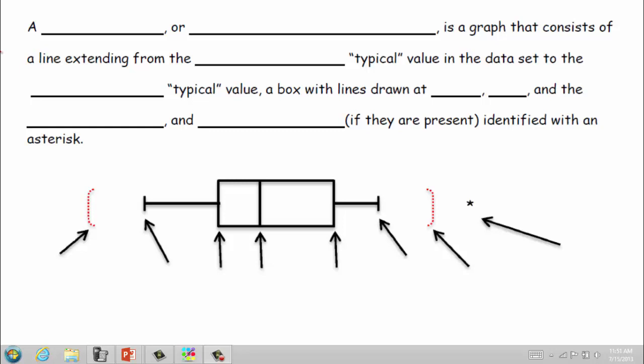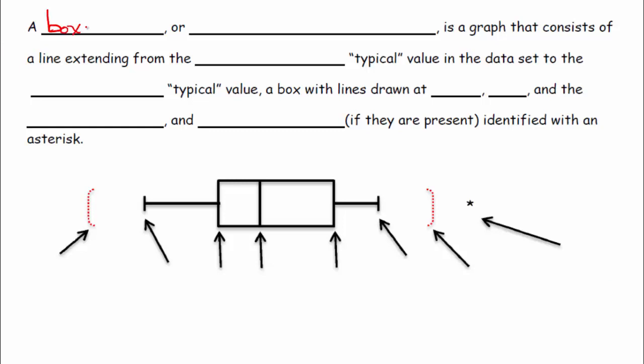So I'm picking up on page 13, and a box plot, which you will also see referred to as a box and whisker diagram. Alright, so the box being this rectangular piece right here, and you could think of these as whiskers perhaps.